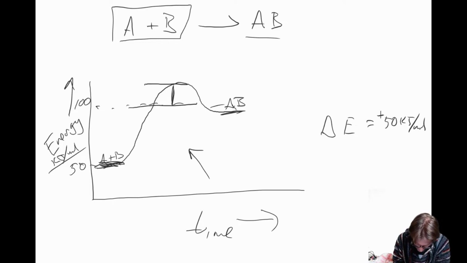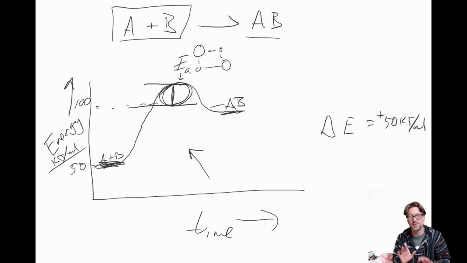This little hump is our activation energy. It is the energy required to get that reaction to occur. At the very top of that hill, remember when we were talking about mechanisms and intermediates? That's where our intermediate exists. Maybe two A's run into two B's and form some crazy complex that exists transitionally for a microsecond before it decomposes back into AB.